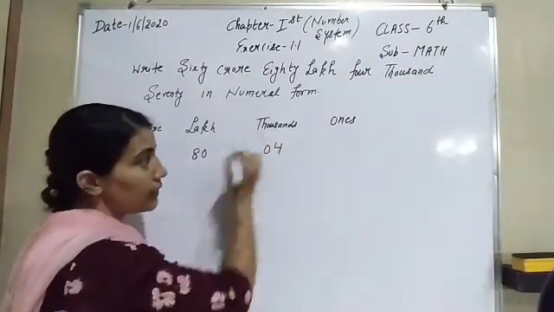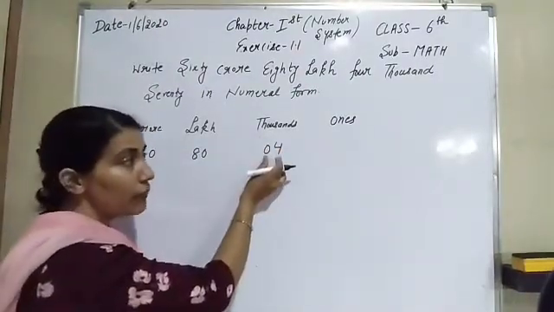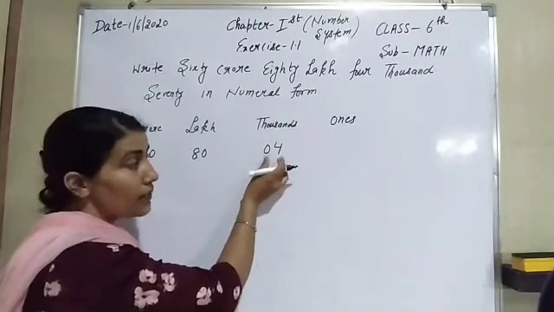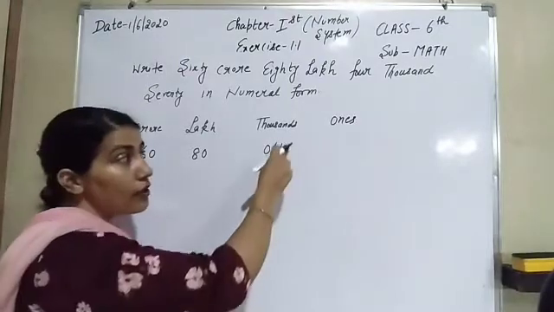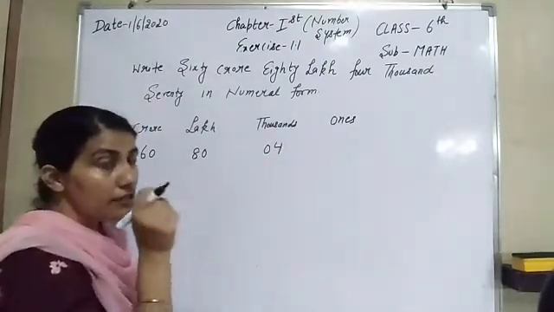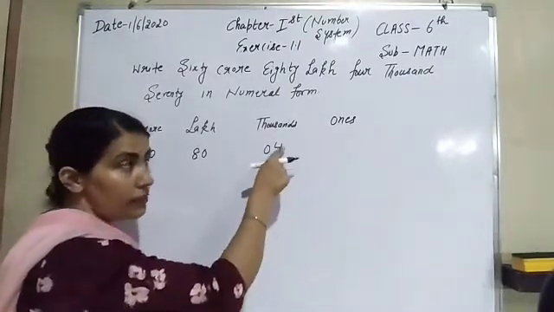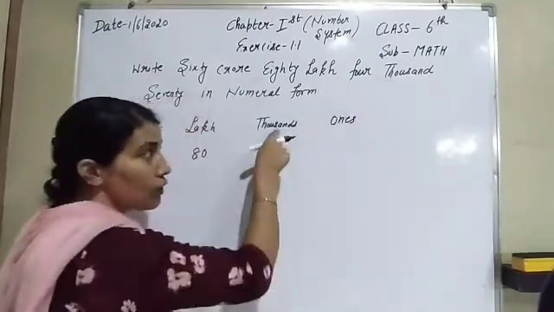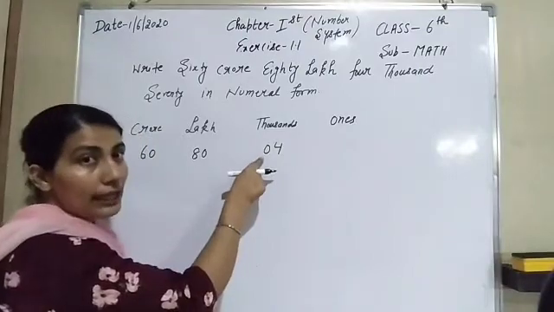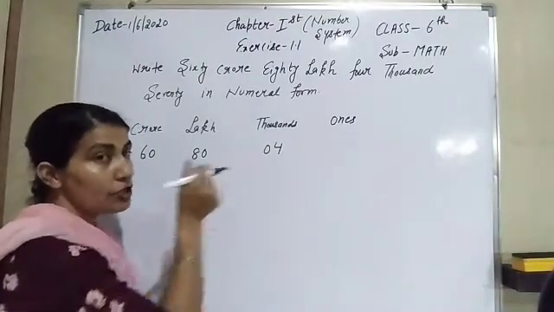So write 0 on the left-hand side because we have to make 2 digits here. Please write the 0 at the left place, not the right place, because whenever you write 0 in the right place it becomes 40,000. But here is 4,000. So write 0 in the left place. We have to write 2 digits here.